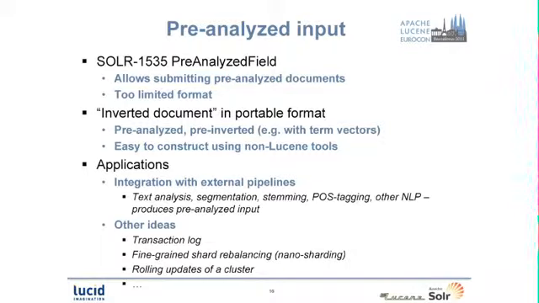Another scenario worth mentioning here is that we can scale this portable index model down to a single document. Currently, there is no easy way. Well, there's always a way. It's just a computer, right? There is no easy way to add pre-analyzed documents to Lucene or Solr.